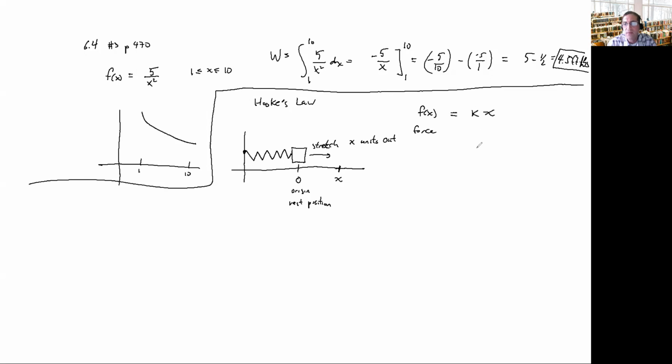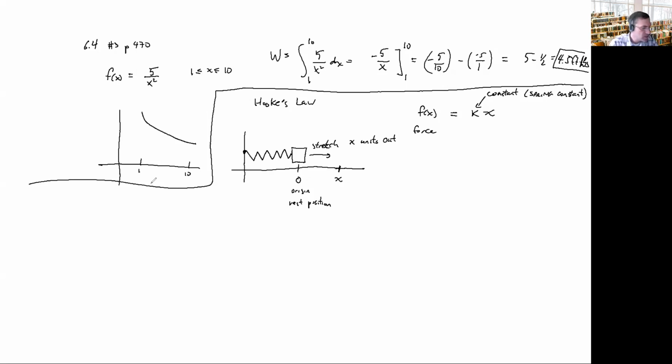So it's k times x, where x is the displacement, I said, and k is a constant, which is called the spring constant. And it depends upon what the spring is made of and other things. It's different for different springs. Okay, so that is Hooke's law, and we're going to solve a problem with Hooke's law.